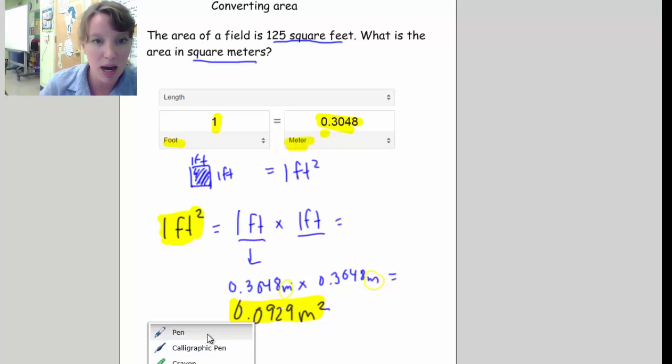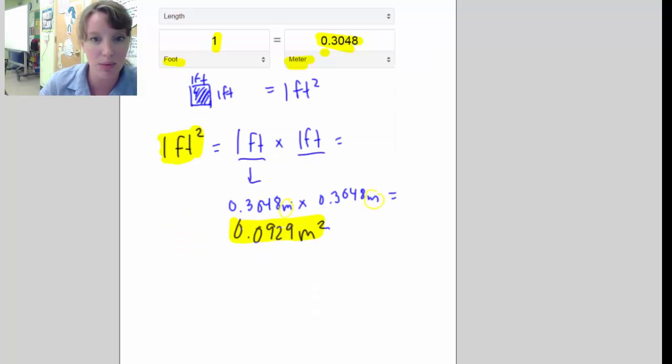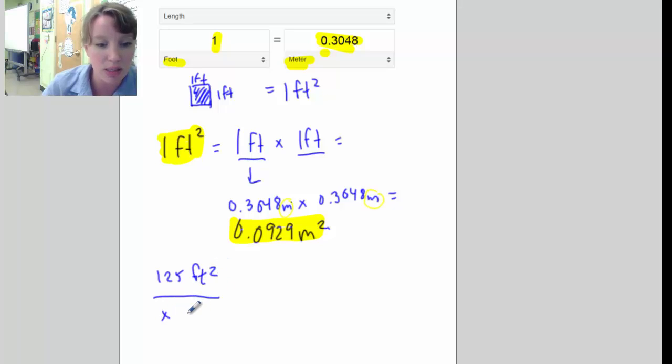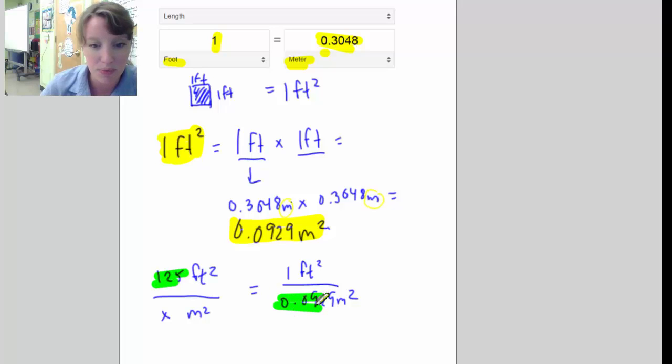Okay, now what I can do is use that in my proportion. So if I'm looking for 125 feet squared, and I'm looking to turn that into x meters squared, then I can use the conversion 1 foot squared is to 0.0929 meters squared. Okay, and when I use cross products here, I'm going to end up multiplying these two together, 125 times this, and that's going to be equal to 1 times x.